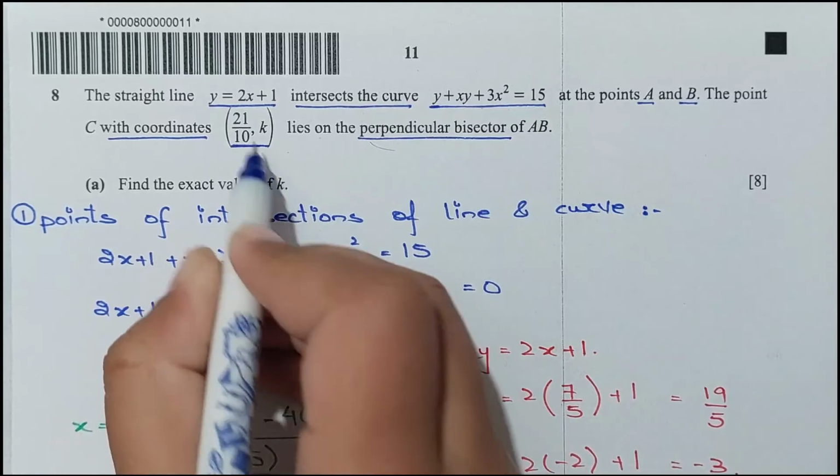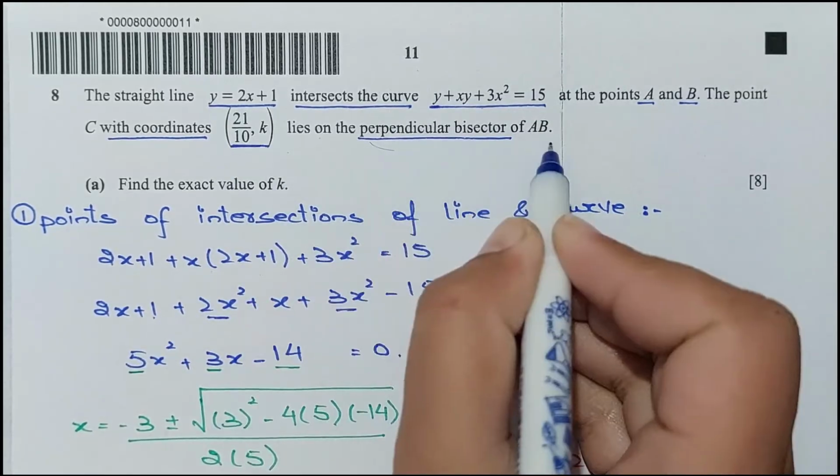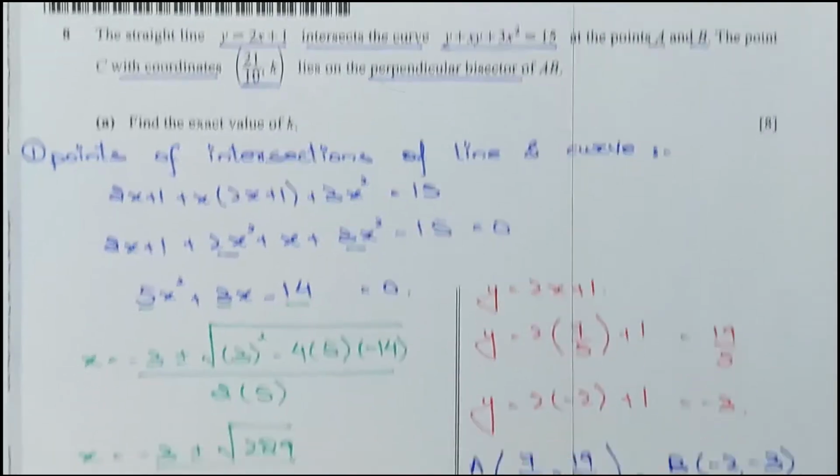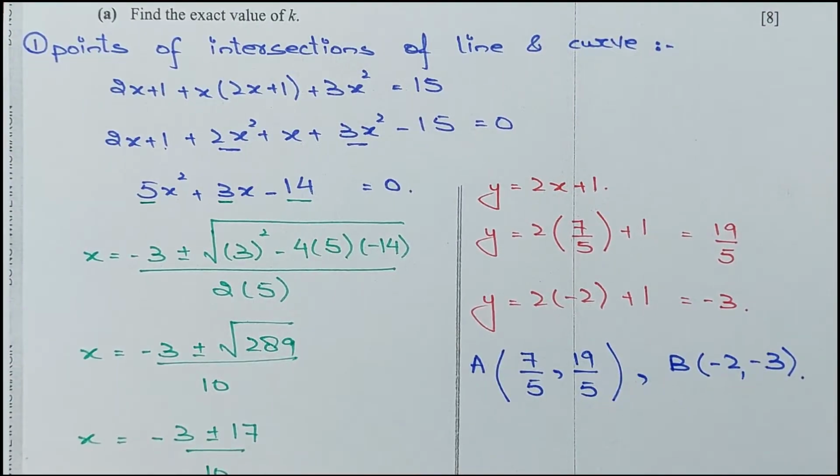Find the exact value of k. So we have the coordinates of A and B, we just have to find the perpendicular bisector of AB.